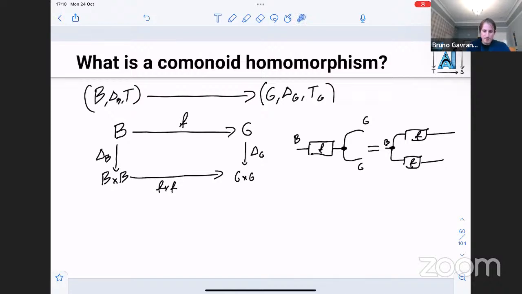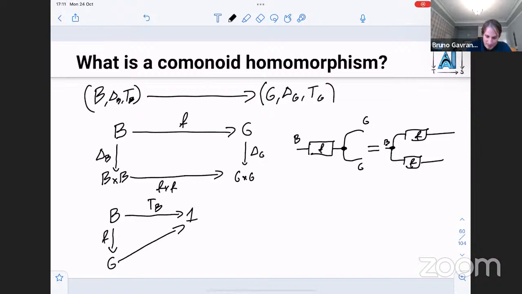Likewise, we have another equation that our morphism F needs to satisfy, which is that it has to interact well with the terminal maps. I'm going to write T_B, which means that if we start from B and then use the terminal map T_B to delete things, we should get the same thing if we used our map F to get to G and then deleted it with T_G.